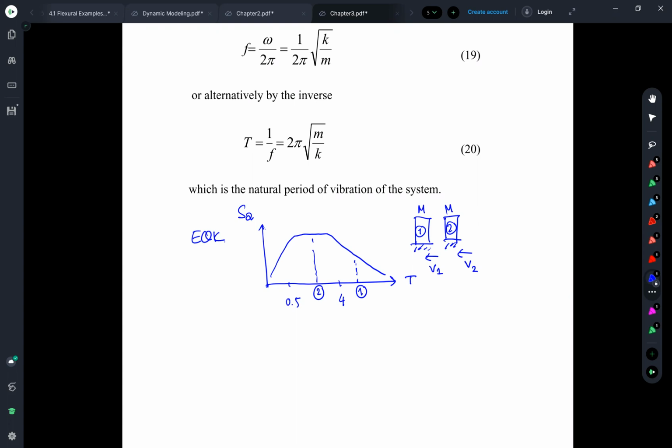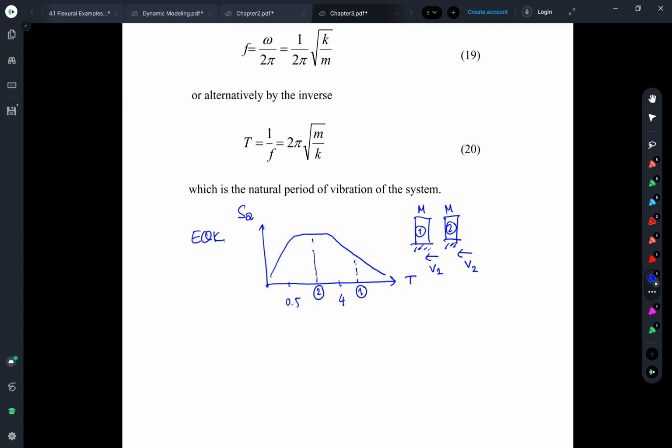My building number 1 will be subject to smaller earthquake force. You will learn in the next chapter why it's like this, why the frequency is so important, why the period of the building controls the force on me.